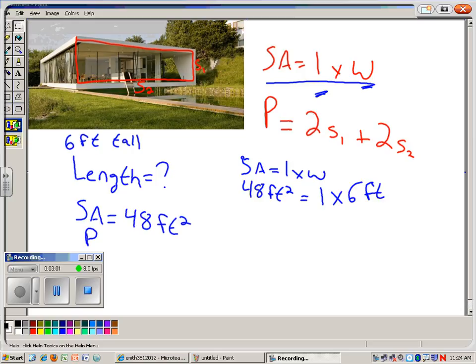Now, to determine the length, we divide both sides by 6. And we get that the length is equal to what? 8 feet.